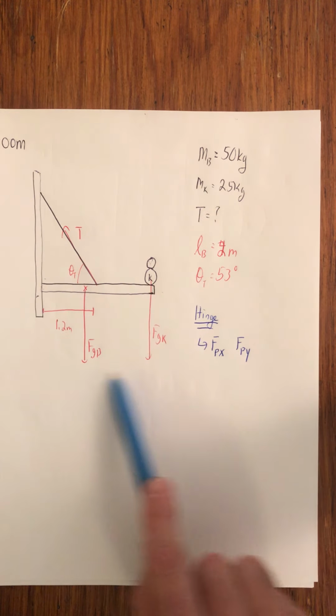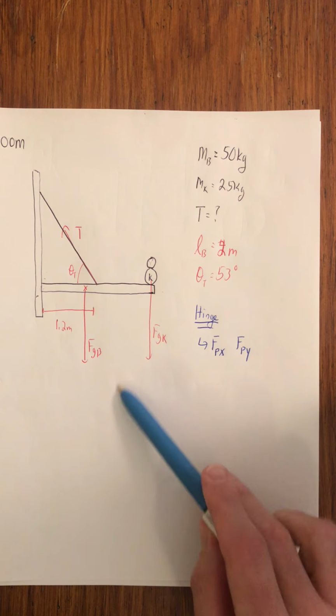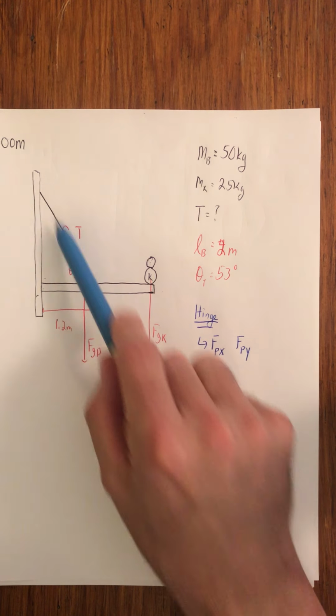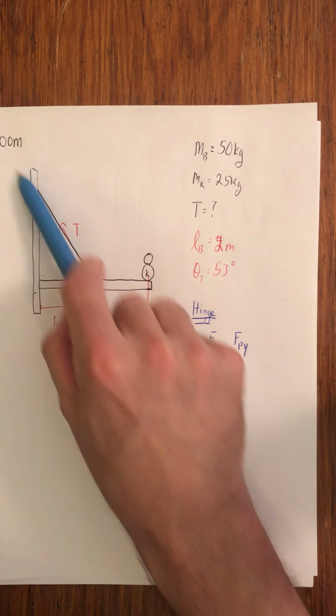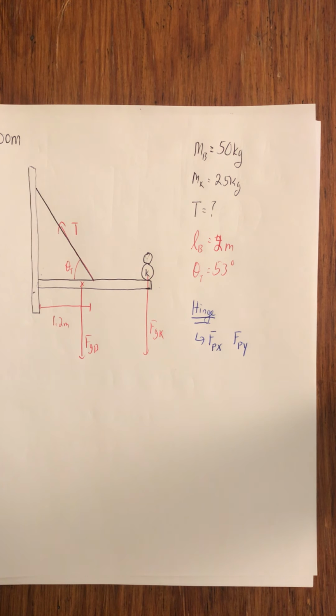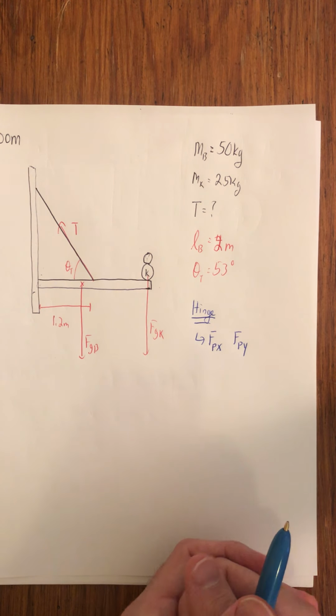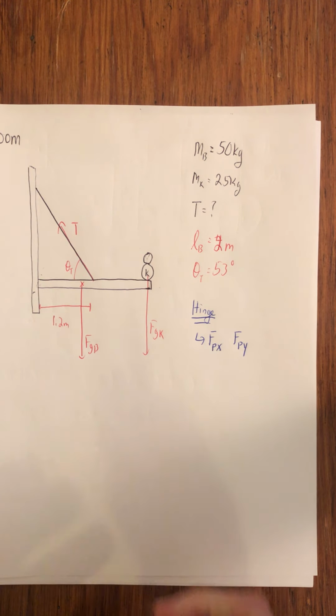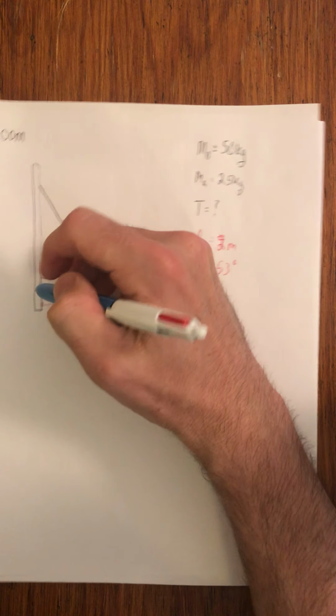Knowing that this system is in equilibrium, notice that the tension is going to be pulling to the left and up on this board. And that's actually just physically a true thing about what that rope would do. So what that rope is doing is it's pulling the boom into the mast.